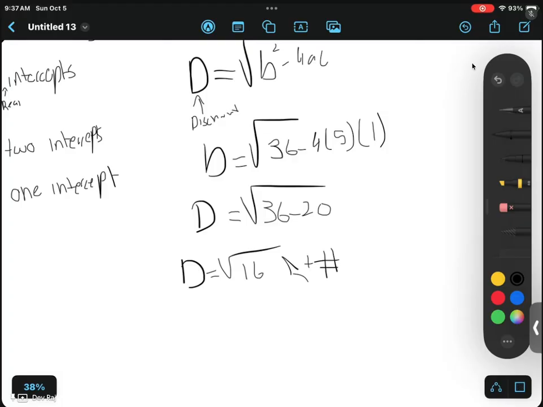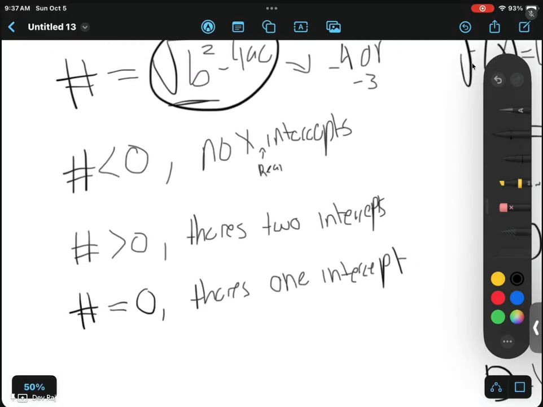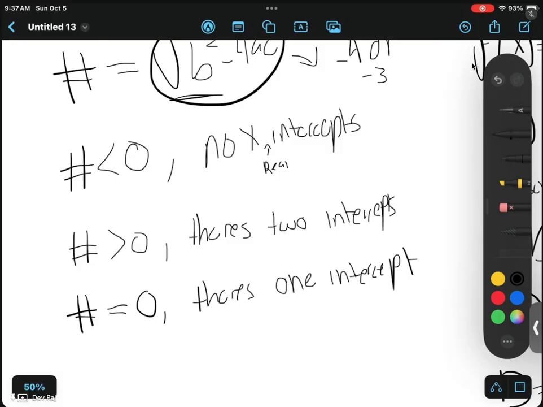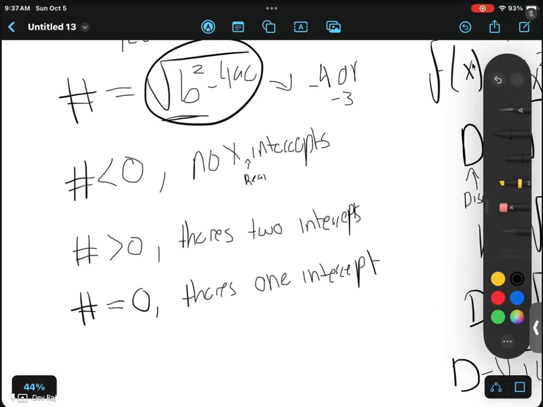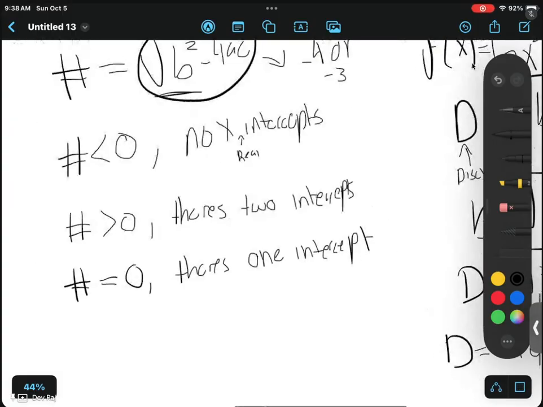We wouldn't have 16 x values, right? Let's look back at the rules, okay? Here. So which one does 16 fall under? Sixteen is greater than 0, because square root of 16 is 4, and 4 is greater than 0, right?